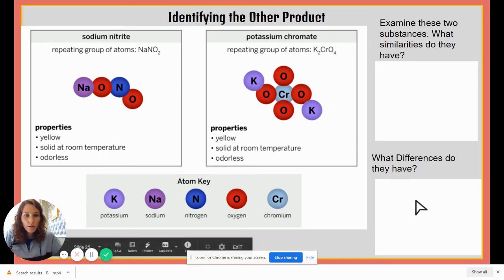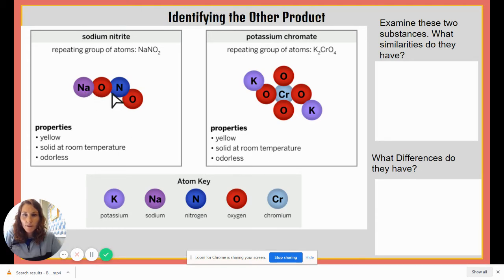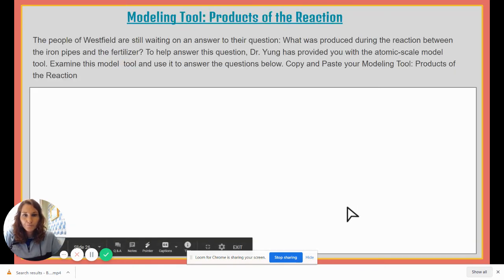So that would be a key difference here, that the sodium nitrate has sodium and nitrogen present, but the potassium chromate has two potassium atoms and one chromium atom present. So that's what I would write in the difference column.